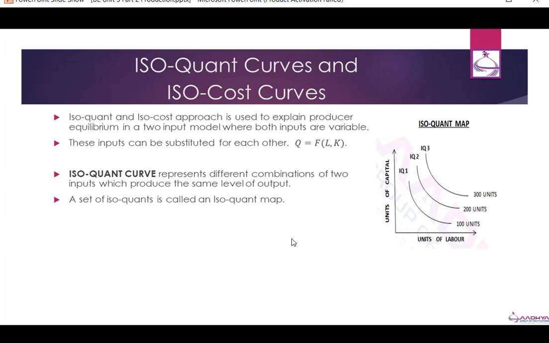Each isoquant here, IQ1, IQ2 or IQ3, represents a level of output. Let's say IQ1 represents 100 units of output. These 100 units can be produced using less capital and more labor, or more capital and less labor.